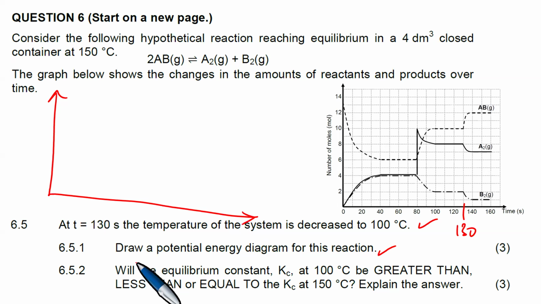So at t equals 130 seconds, the temperature of the system is decreased. If you decrease the temperature of the system, what then do we expect?